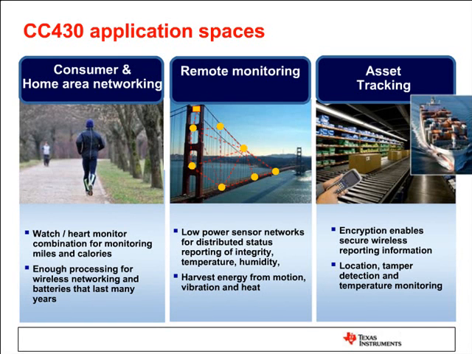Opportunities like -7 and 6LoWPAN and wireless MBus, all these is a strong third-party network that we're building to try and make it easy for you guys to attack these markets, and get to market fast.